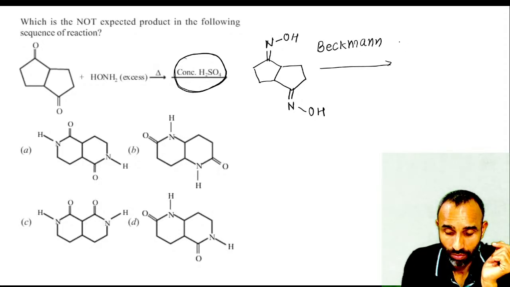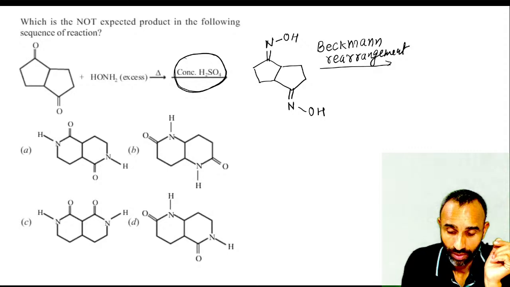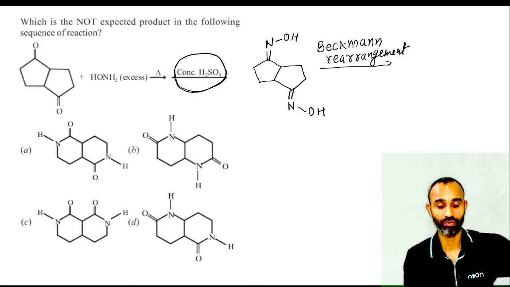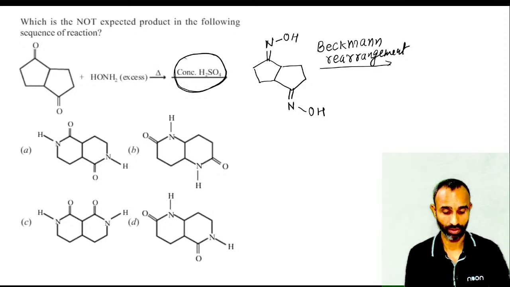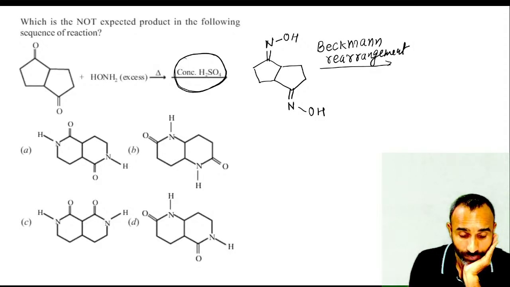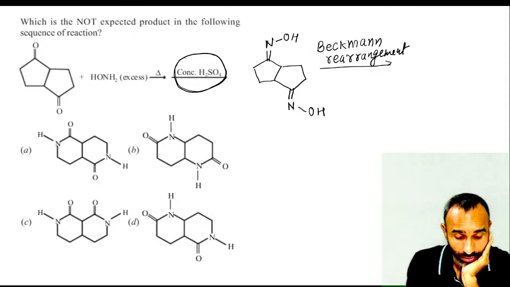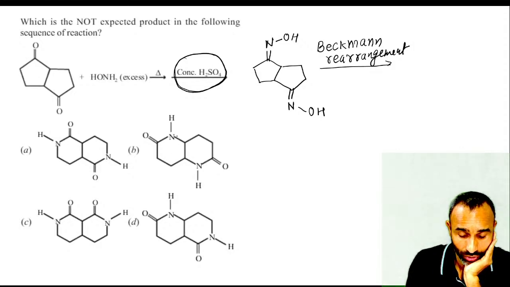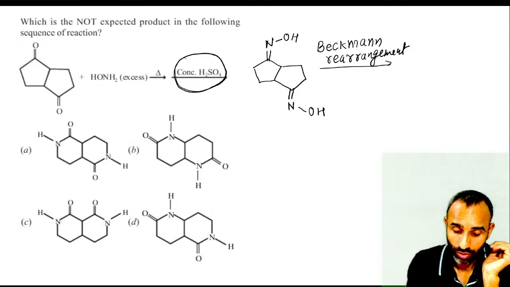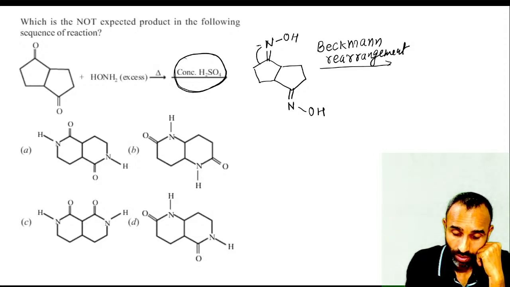Actually, that is the Beckmann rearrangement. The Beckmann rearrangement will give 6-membered rings. So that becomes C=O, NH, C=O, NH, because there is a movement like this.